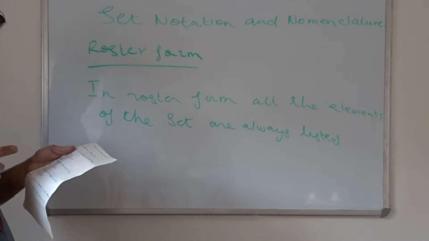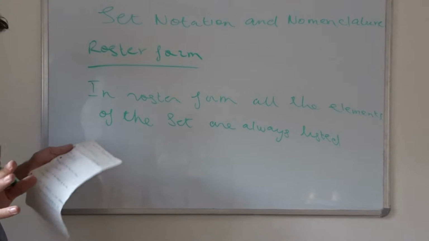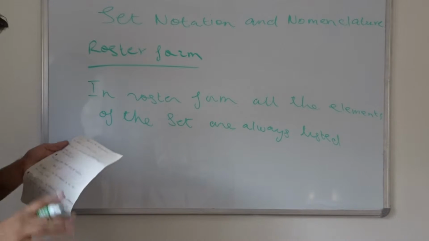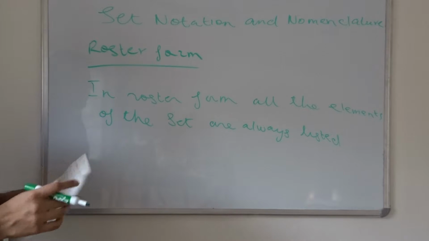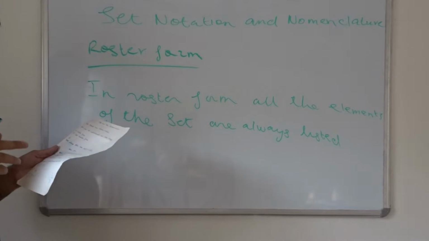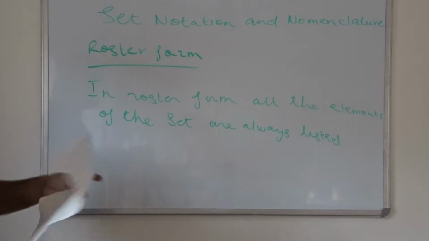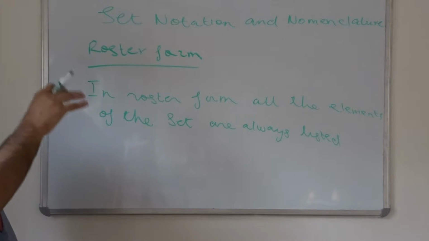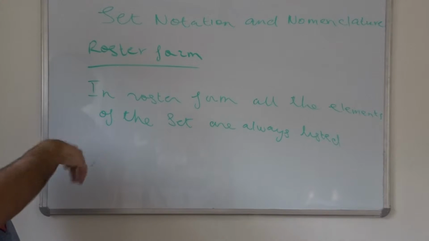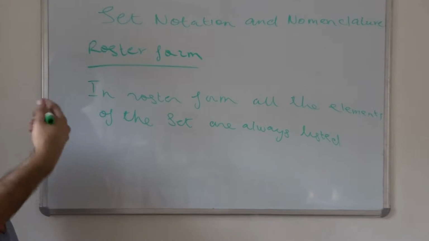One more thing: there are two ways you can represent sets. One is roster form, the other is set builder form. We're going to get on to set builder form very soon. Sets always follow some sort of criteria, some common sense, in roster form and in set builder form.